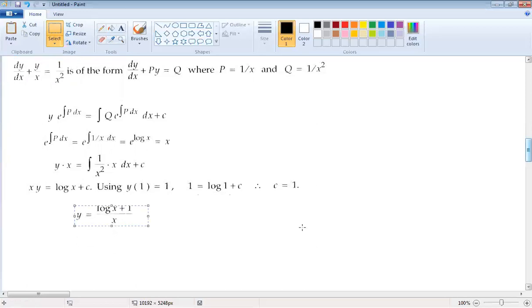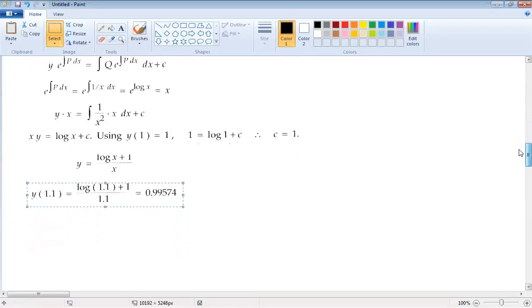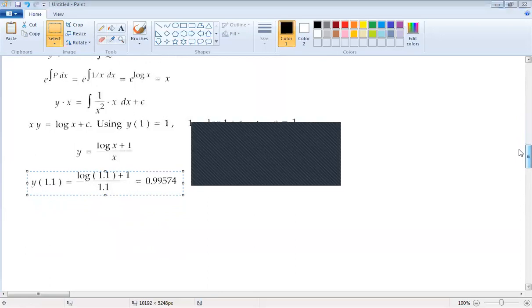Okay. So to verify whether the answer we have got is correct or not, in this expression we will substitute the value of x as 1.1 to check the value of y at 1.1, and you'll see that it is the same as what we got numerically. Okay, so now let's see another problem.